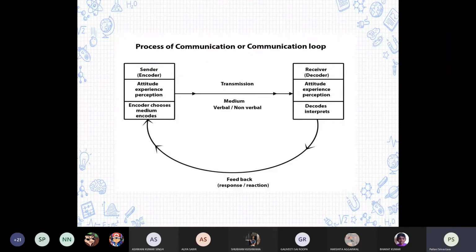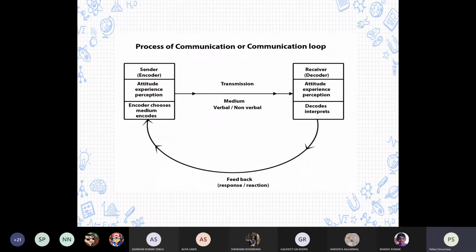Whatever attitude he has, he can have a positive attitude, a negative attitude. Experience, how much experience he has in the field, or about the conversation which he is going to carry out. And perception, how he perceives things.